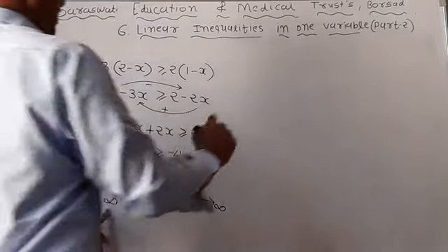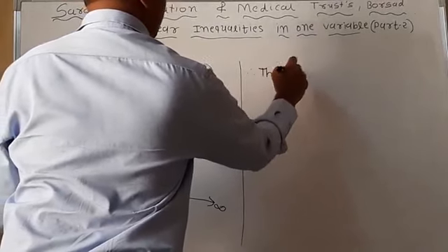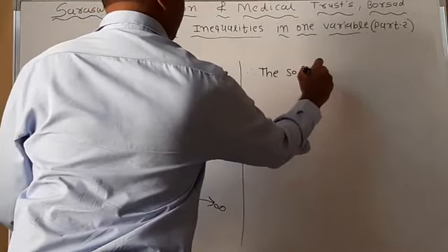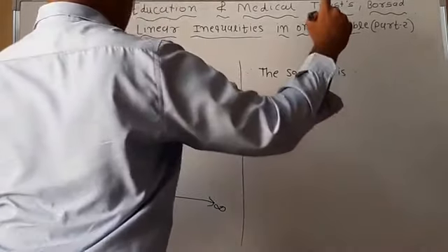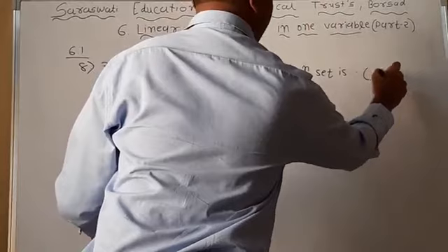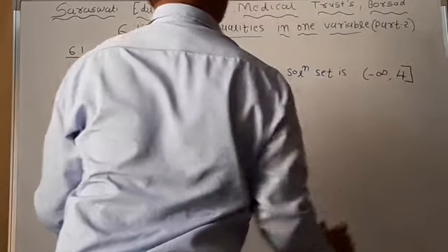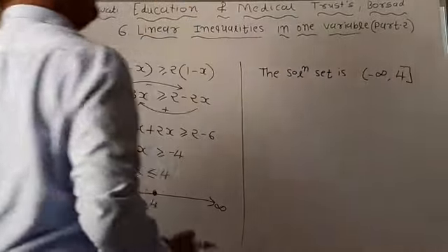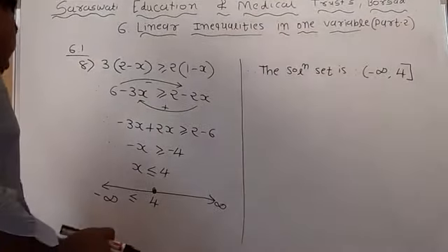So our final answer is written this way, the solution set is open interval minus infinity to closed interval 4. Clear? Next question.